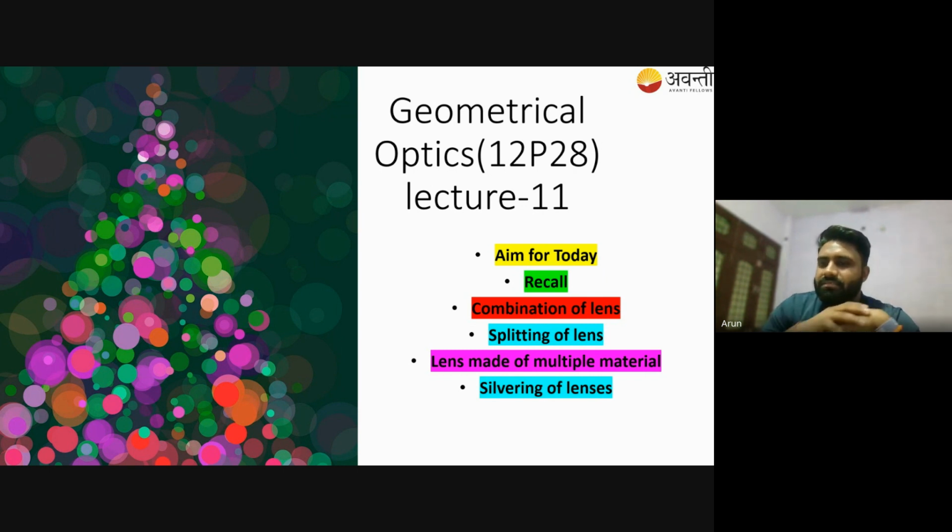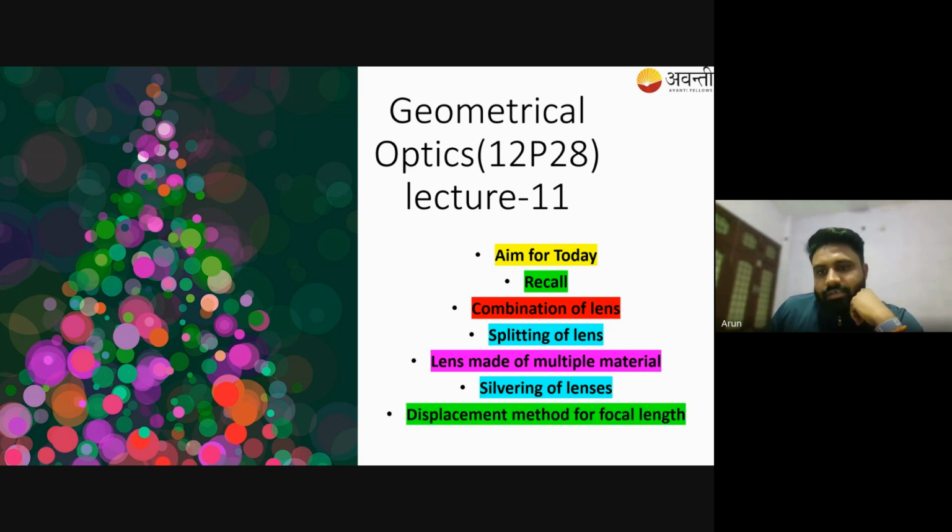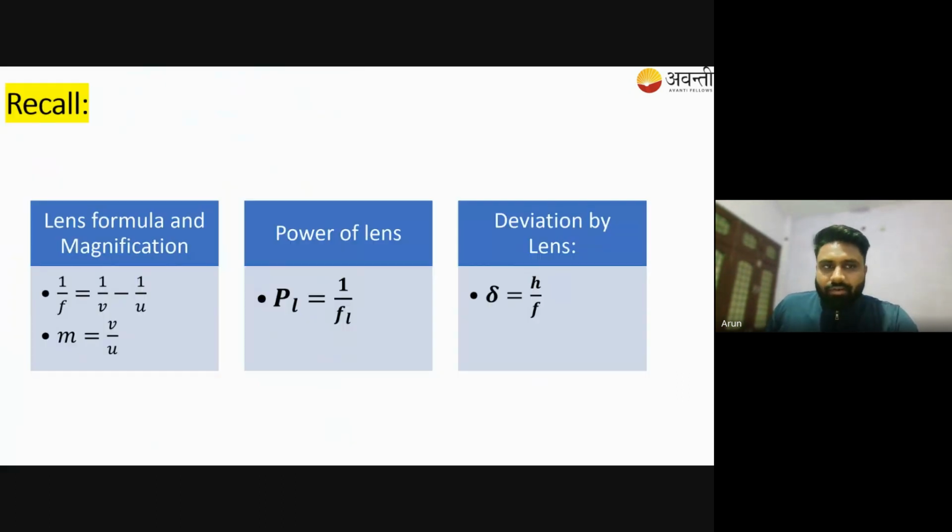Silvering of lens is not so difficult. In the mirror portion you have learned that we silver one of the reflecting surfaces, so that the light cannot pass through it. The same thing we are going to do with lenses and see the effect on their focal length. Then the displacement method for focal length we are going to derive.